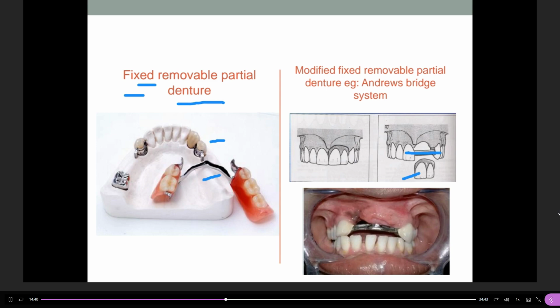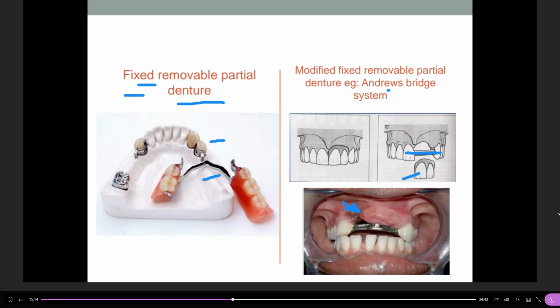Some patients will have surgical or traumatic injuries where there is a lot of bone loss and soft tissue loss which cannot be covered with a fixed prosthesis. You need an acrylic flange, so a removable prosthesis will be indicated. In such situations, you will make a bar supported fixed prosthesis and then a removable segment which can be removed by the patient is made over that. So it is a modified fixed removable partial denture. It was given by Andrews, so it is called the Andrews bridge.